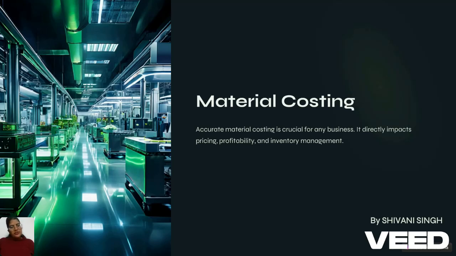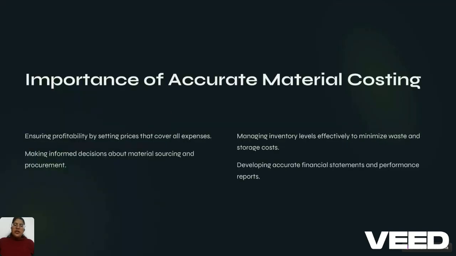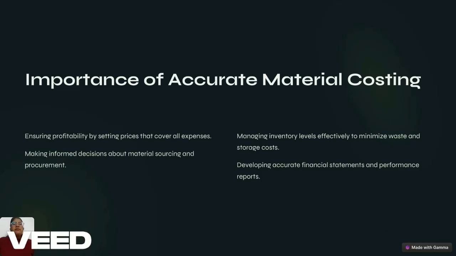So we are going to discuss material costing. Material costing means how we are going to estimate the cost of the material which is being used in a particular product or in a particular production process.